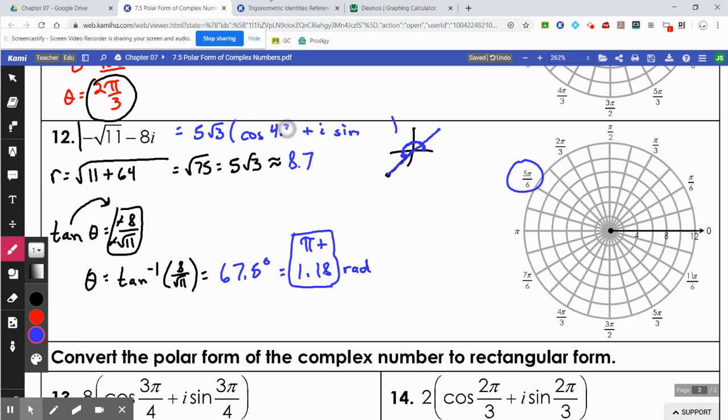So our actual angle will be 4.32 here and 4.32 here. Simply use your reference angle to find that. Now, had you used the 67.5, you would have done 180 plus 67.5, which would be 247.5. So you can write this in radians or you can write it in degrees. So let's go ahead and try to graph that.